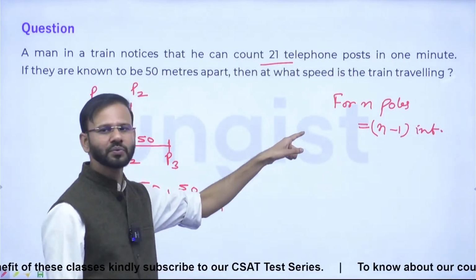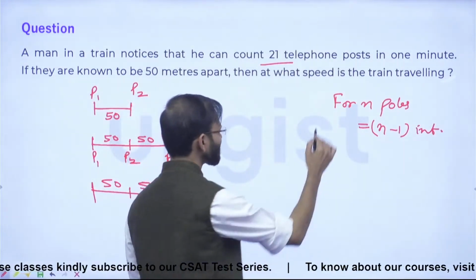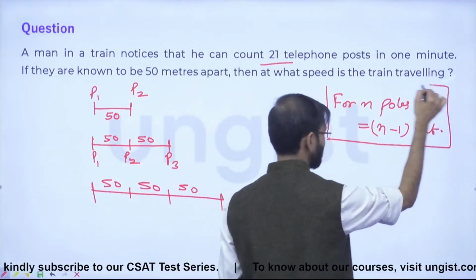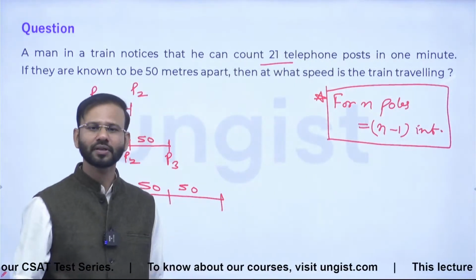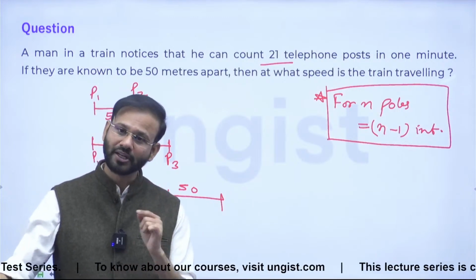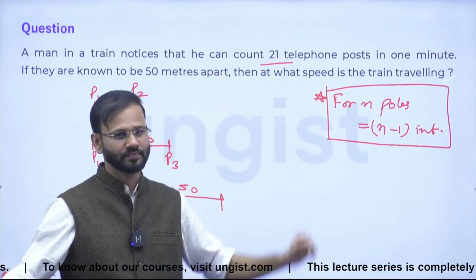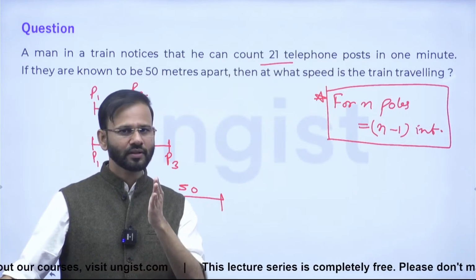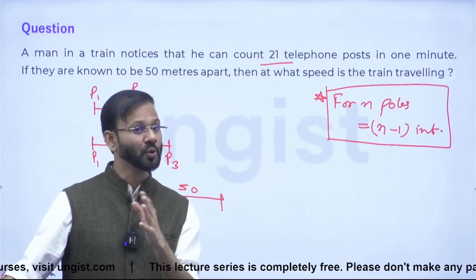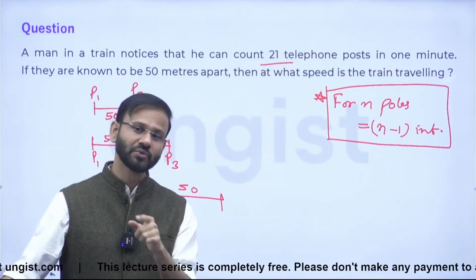Please try to observe these things first, and you should know this. Why? Because UPSC has explored this concept in one of the questions, and I'll be telling you the PYQ related to this.